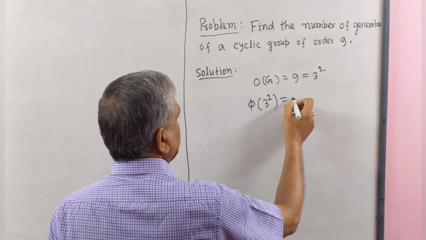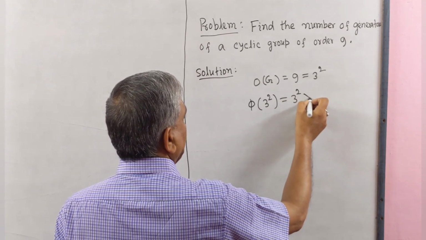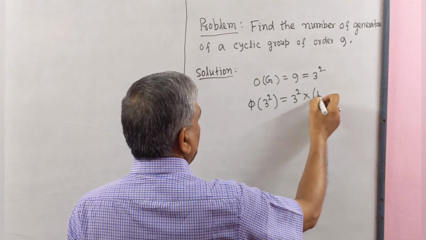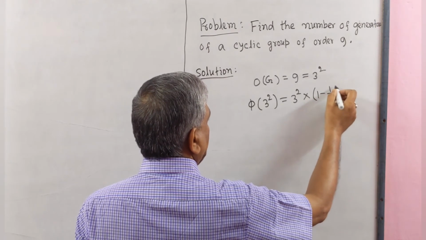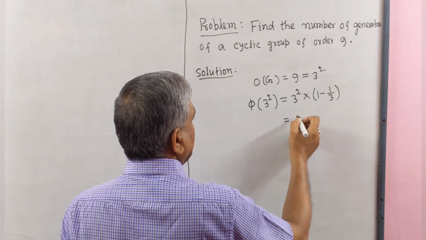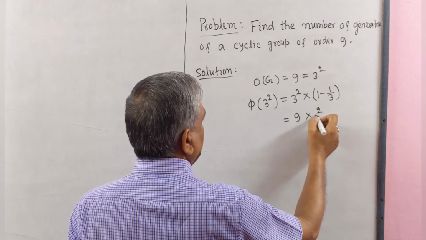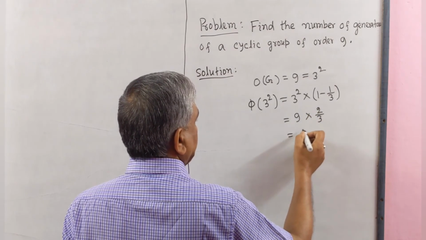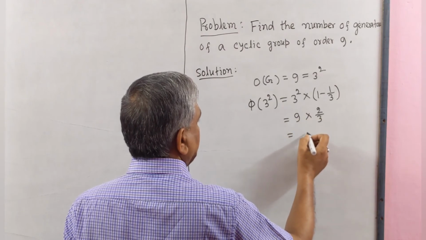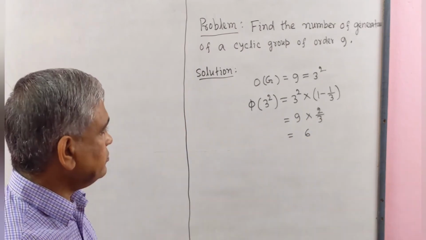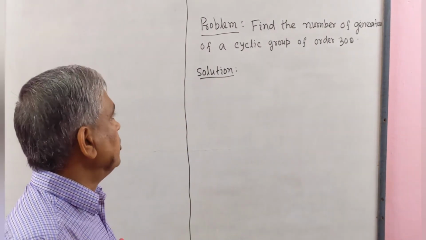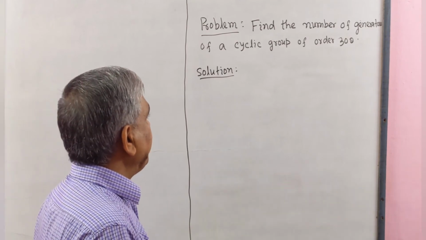This is equal to 3 square multiply (1 minus 1 by 3). That means this is 9 multiplied by 2 by 3. That is, 3 3s are 9, that means 6.